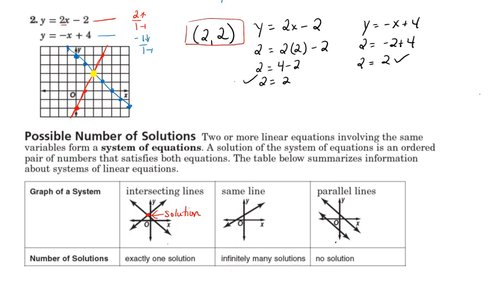I could graph them and it could end up being the same line, so then we would have infinite solutions. If my lines are parallel and they never intersect, then there isn't a solution for both, so we say there is no solution to the system. So your choices are one solution, infinite, or no. Most of your equations for this lesson will have one solution, where the lines intersect.